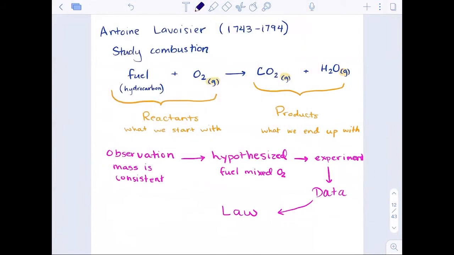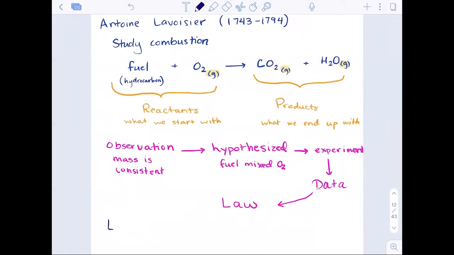Now, what is a law? A scientific law is readily tested. It is not something that is truth. I don't want us to think truth.